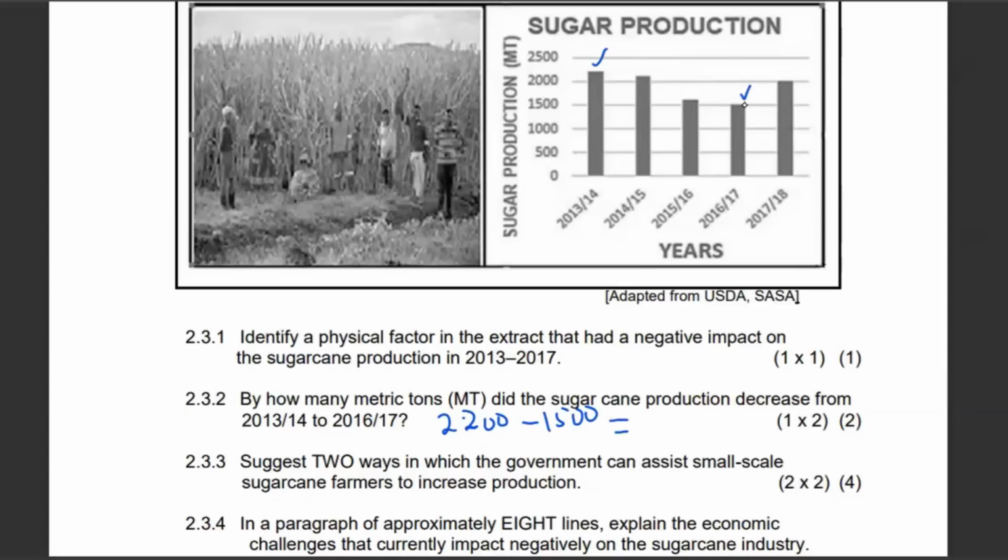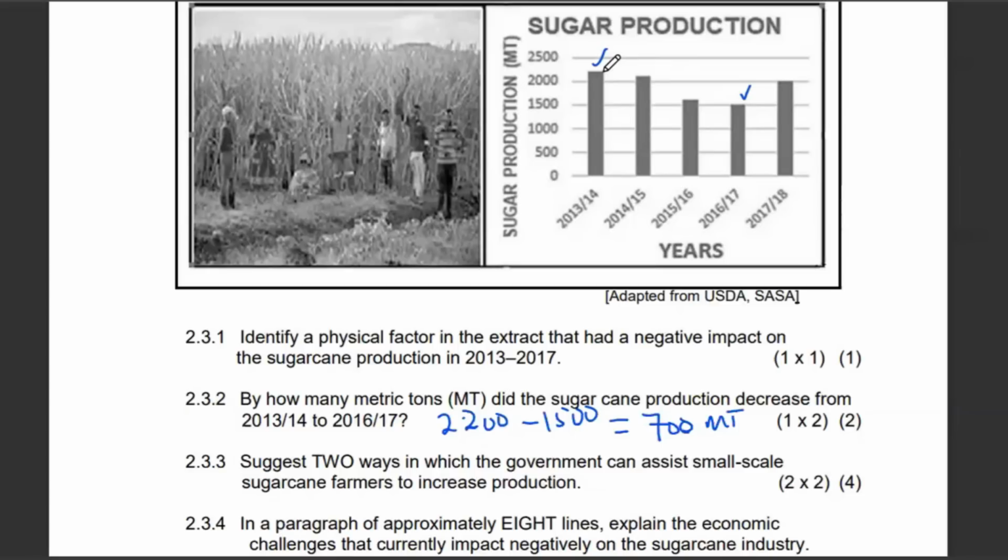This is going to give us how many metric tons there? That is around 700 metric tons. However, we are just using an estimation here. Your responses, as you are writing, will also allow for a variation, because here the measurement is not ultimately pointed out.